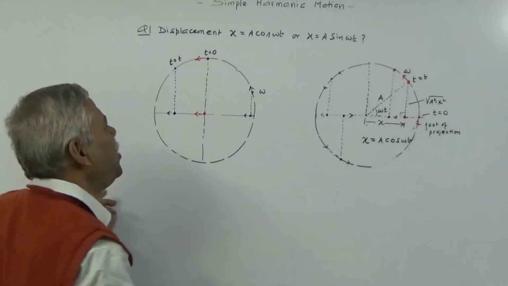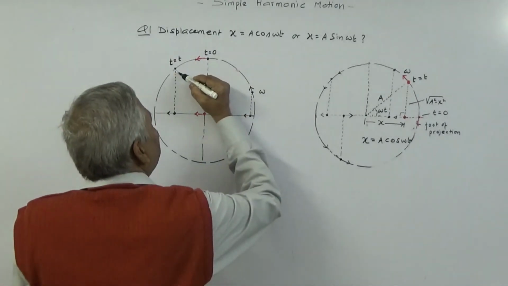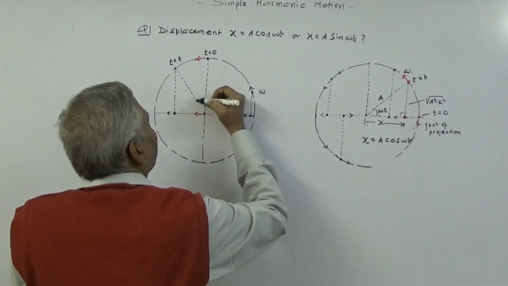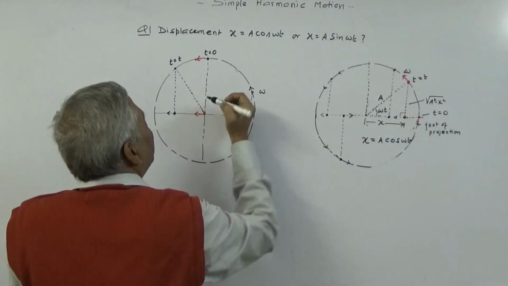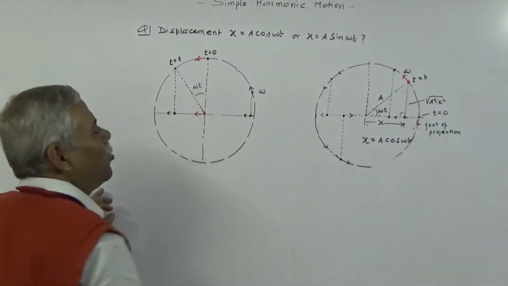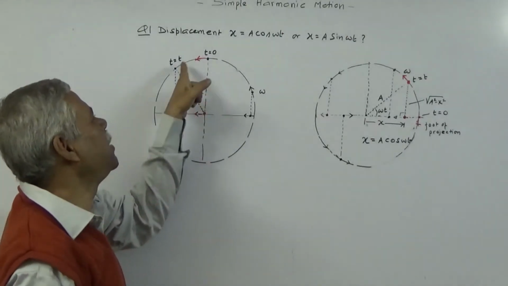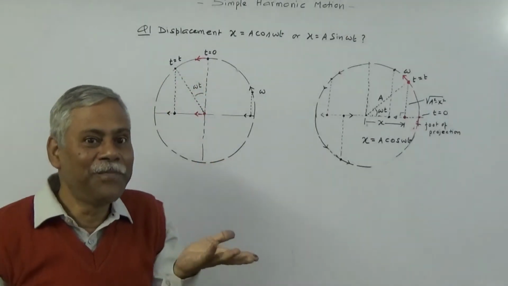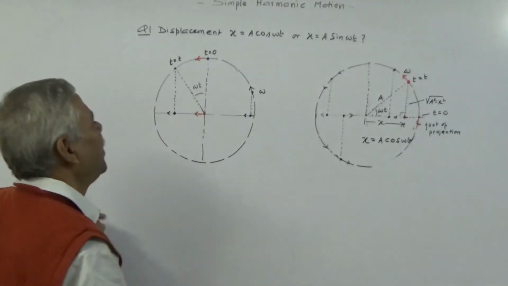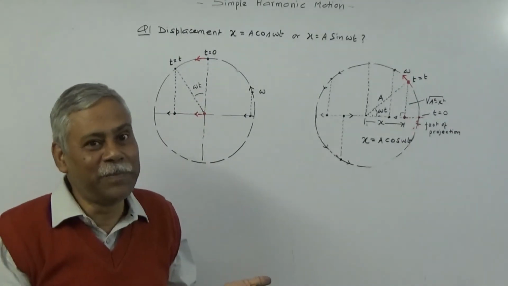Which angle is omega into t now? This angle, omega into t, because angular speed is omega, and omega is uniform. So in t seconds, what angle will it describe? Omega into t. And displacement is always measured from the mean position.